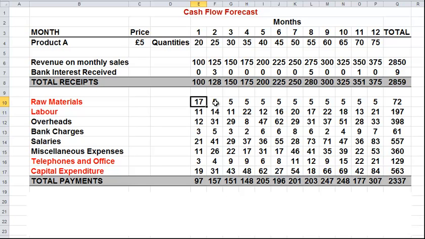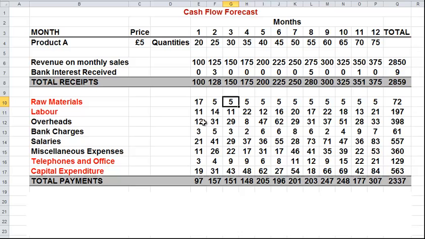So raw materials is 13 in month 1, 5 in month 2, 5 in month 3, and so on, just 5 all the way across by the look of it. Labour is this row here, and overheads this row here, and bank charges, and so on.